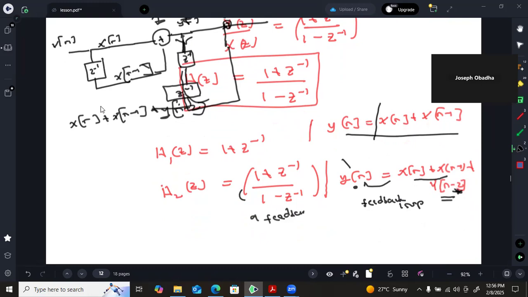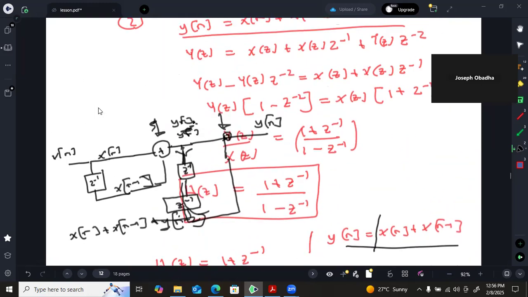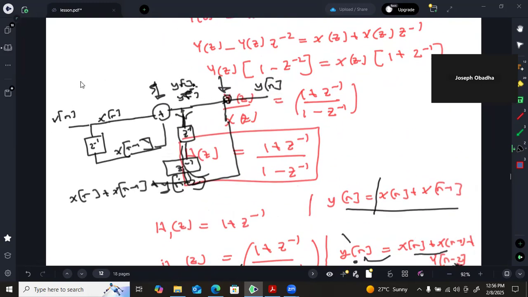That means that if, for example, you put the input so that we have x of n, and after that, you do away with the input so that the input is no longer there, this system will continue having a value, because whatever the output was, the system will continue feeding it back to get the output.